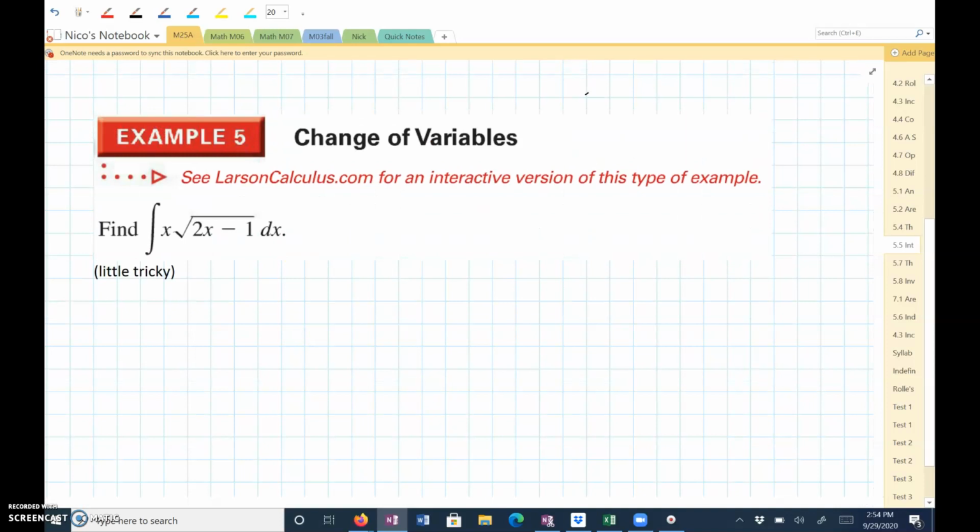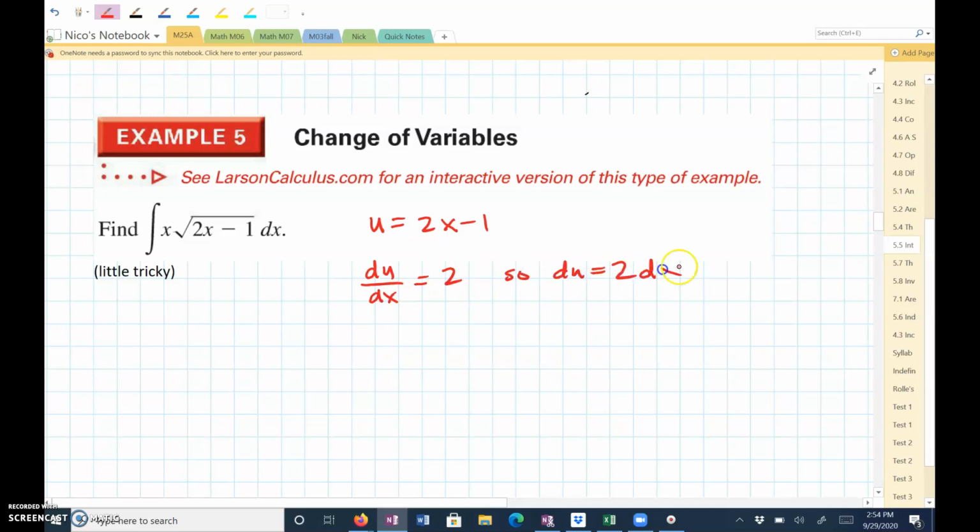All right, let's try 5. So for 5, again, I'm going to let u equal 2x minus 1, where du dx is going to be 2. So du is going to be equal to 2 dx. So I don't have 2 dx.